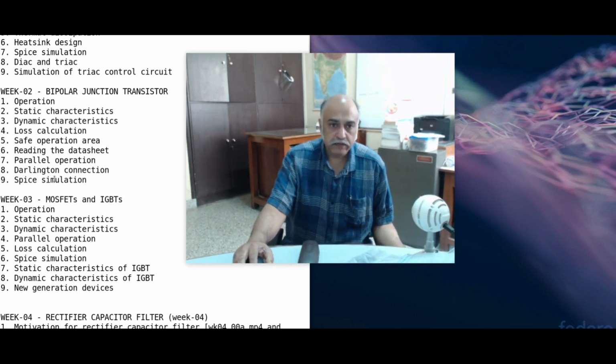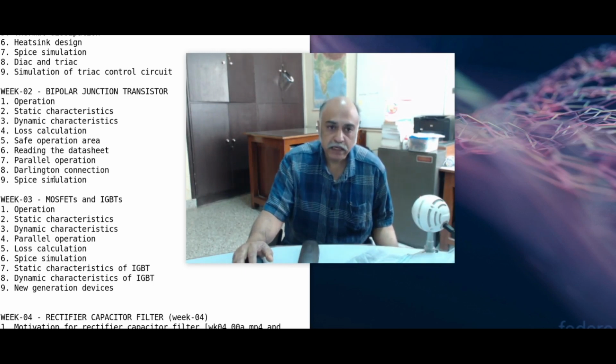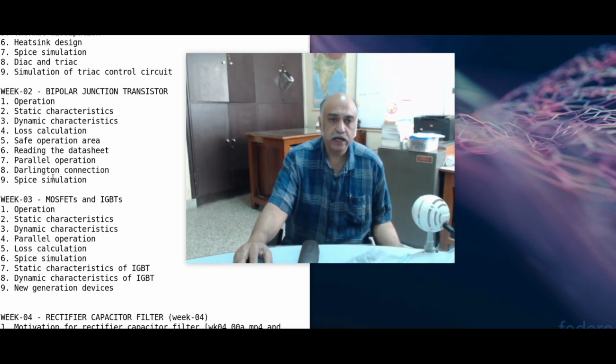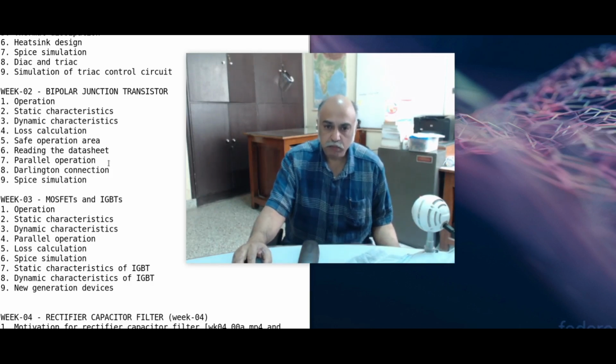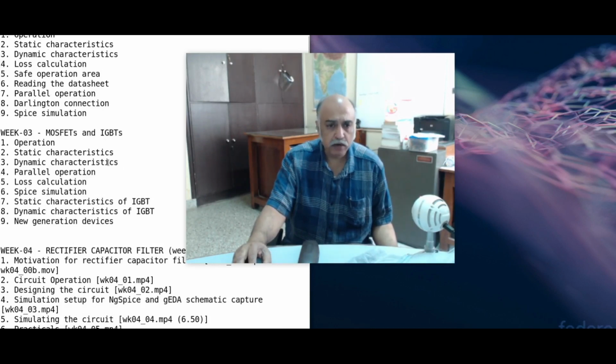So these devices, the diode, the bipolar junction transistor, MOSFETs and the IGBTs are the most popular power semiconductor devices in the market today, and you will be seeing them in almost most power electronic converters as components.